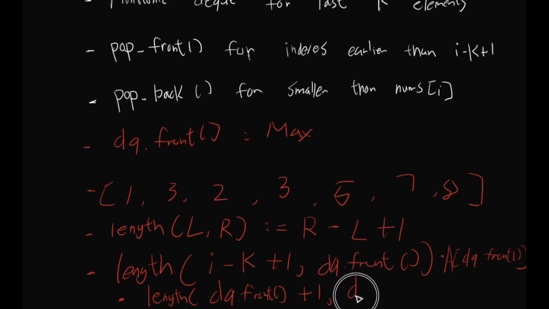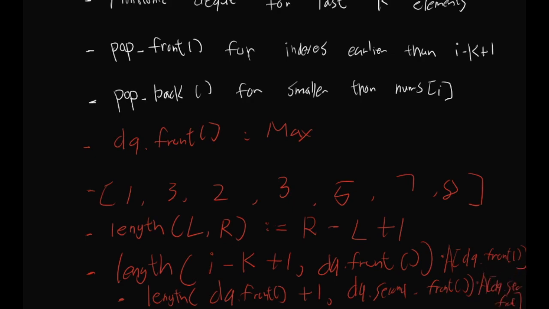So it will be the dq second front. I'm making up this API, but you get the idea. If we pop the dq and then access front again, it will be this dq.second_front, and we need to multiply this as well.